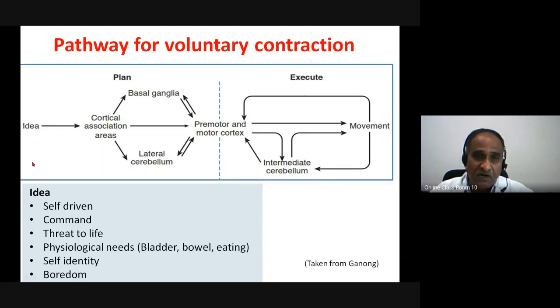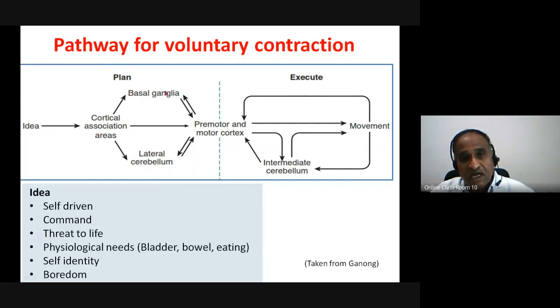This prefrontal cortex receives input from a number of other elements, which I will be focusing on later on. That would come to this motor association area. Now this motor association area would talk to two important centers subcortically: one, the basal ganglia, and another, the lateral cerebellum.